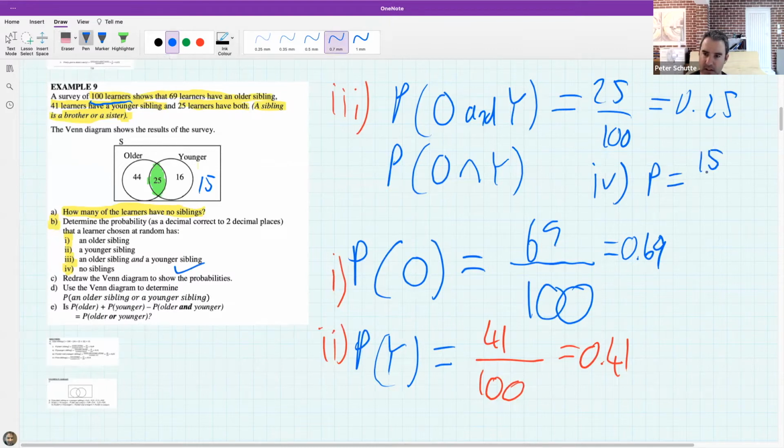It's just going to be 15 over 100. Okay, now that wasn't too bad.